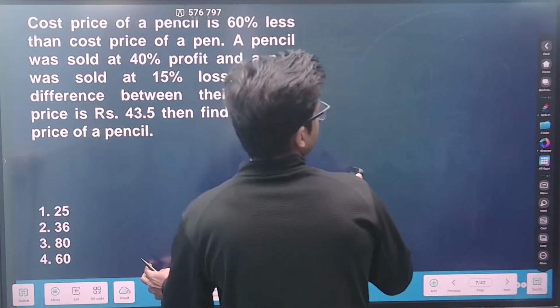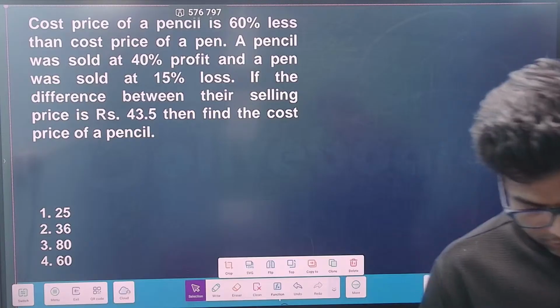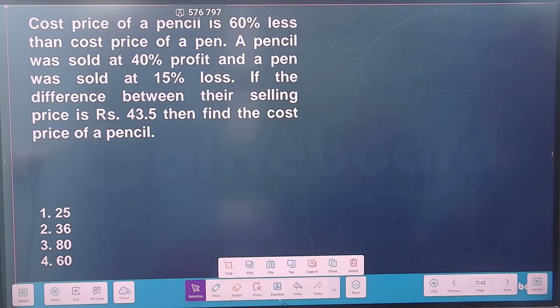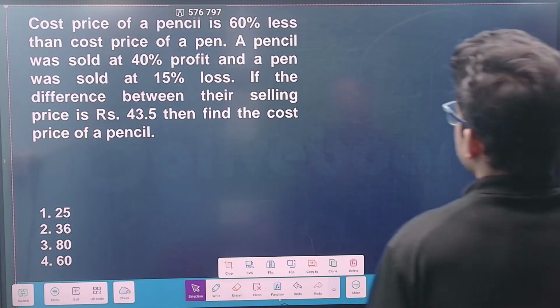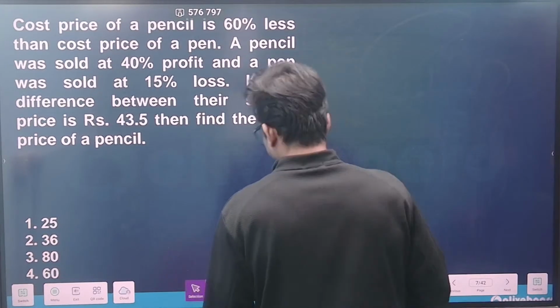Try solving it. Again, I would say these are the best questions we can do for practice.